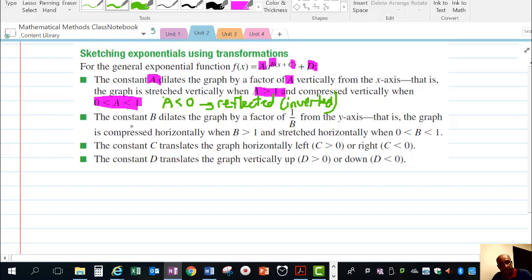The constant b dilates the graph by a factor of the reciprocal of b from the y-axis. In other words, it's compressed horizontally. Probably more handy to know the second part of that. It's compressed horizontally when b is greater than 1, and when b is a decimal, it's stretched horizontally.